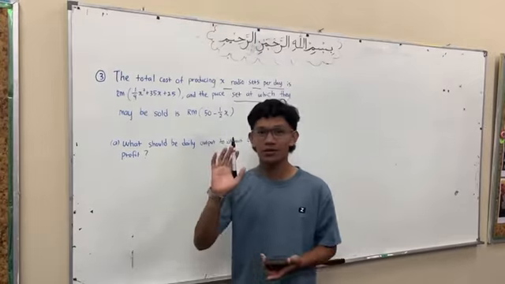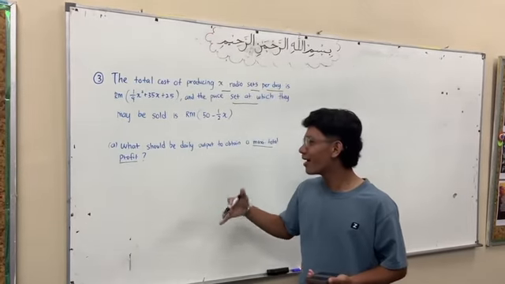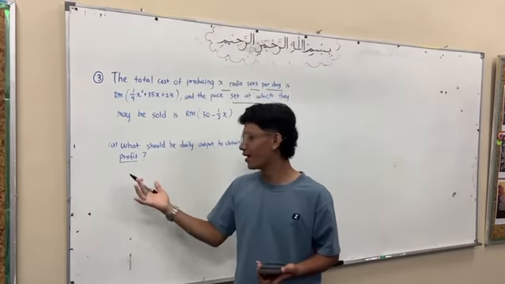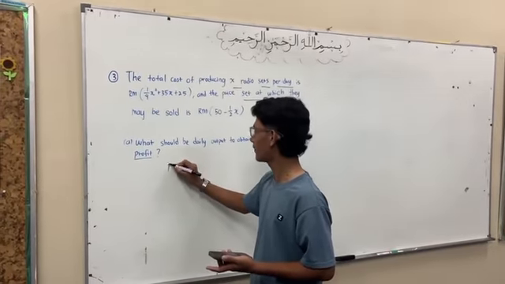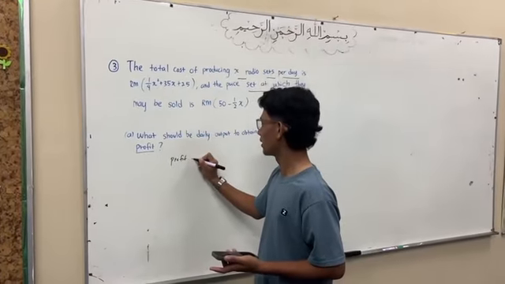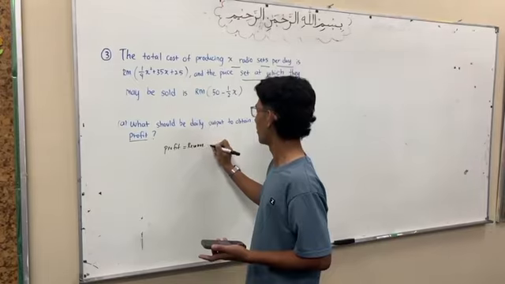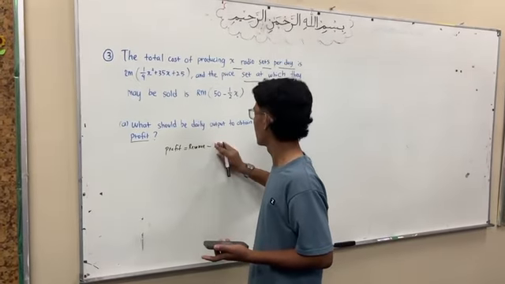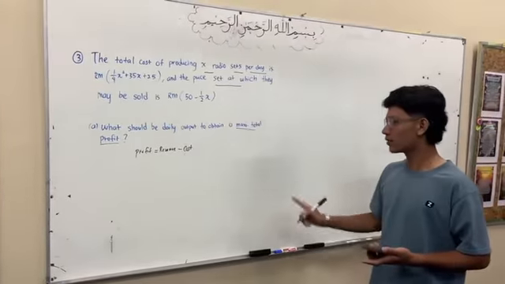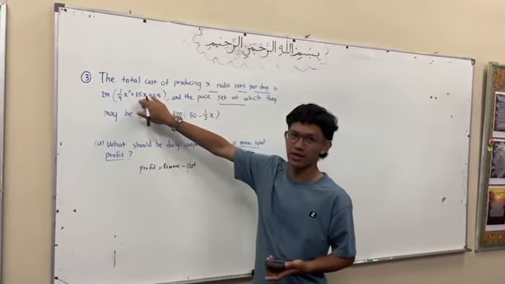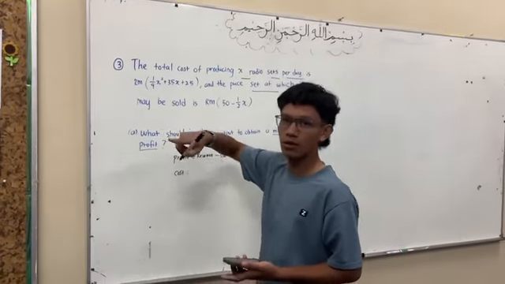Right. The first thing you need to understand and remember is the formula of profit. So the formula for profit is profit is equal to revenue minus cost, right? So cost, you need to write the whole information.